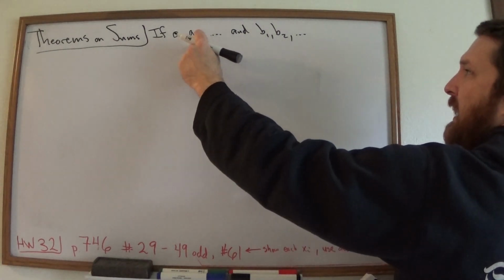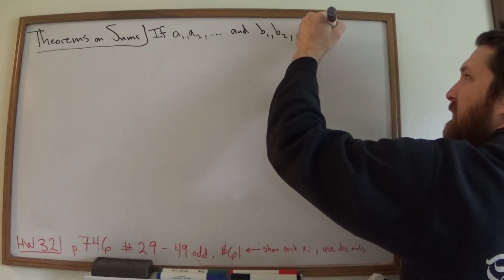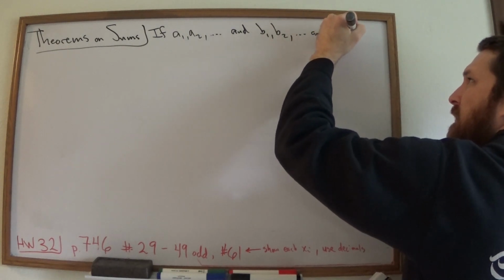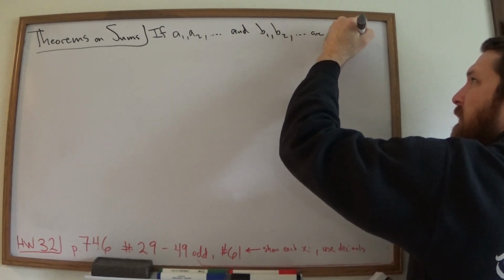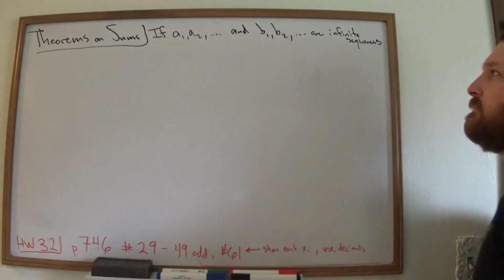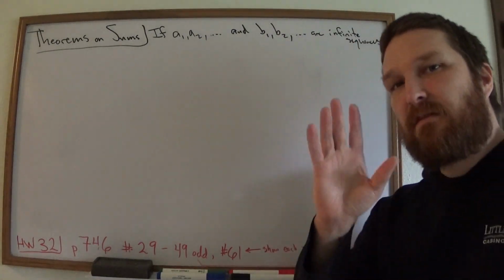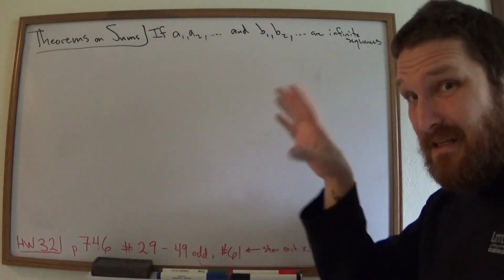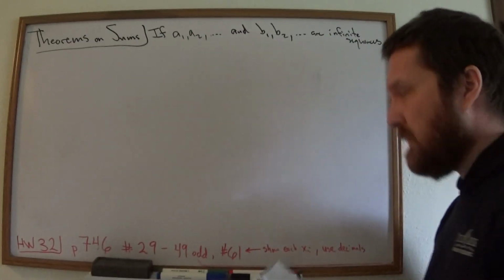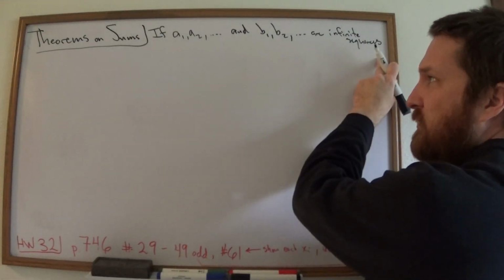So if A and B are infinite sequences, as defined last time, you take any two infinite sequences, so we're supposing that's true.